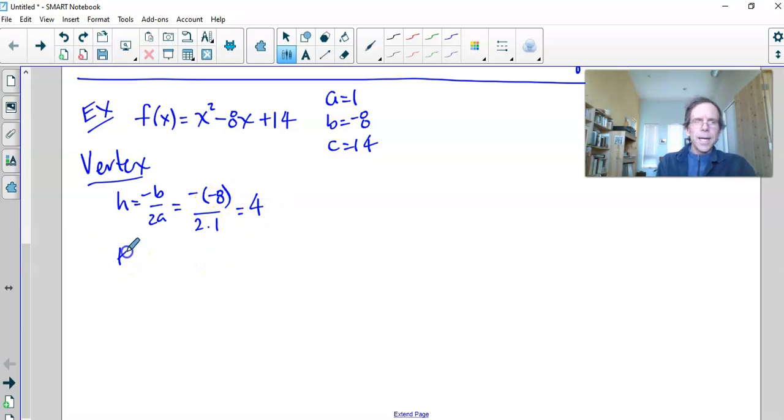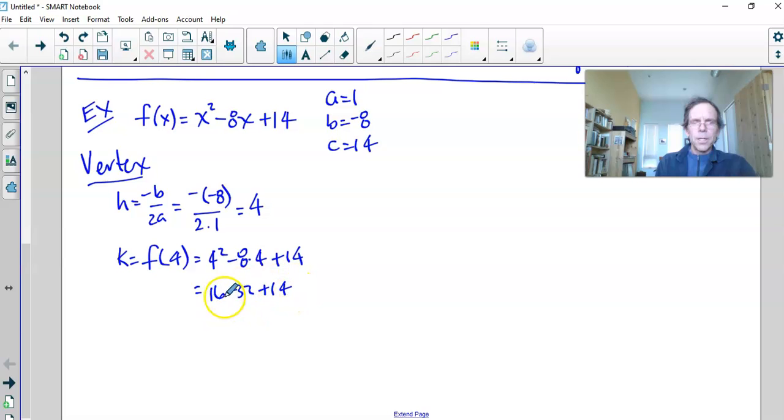All right, to get k, we're going to get the function value at 4. So we're just going to plug 4 into our function. We get 4² - 8(4) + 14. If you do this, you get 16 - 32 + 14.